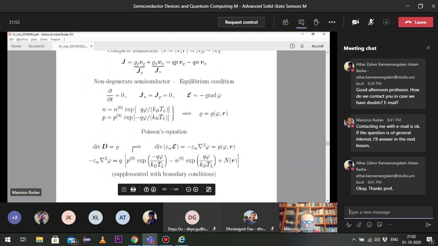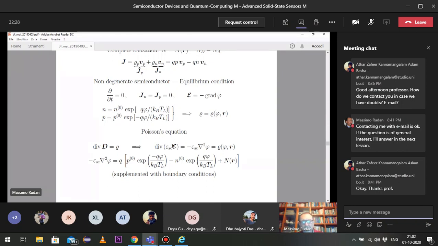you can write, when you take the divergence of D equal to rho, rho is some function that depends on phi and r. D is, as you remember, the permittivity of the semiconductor times the electric field. The permittivity is a constant, so you can take it out of the divergence.